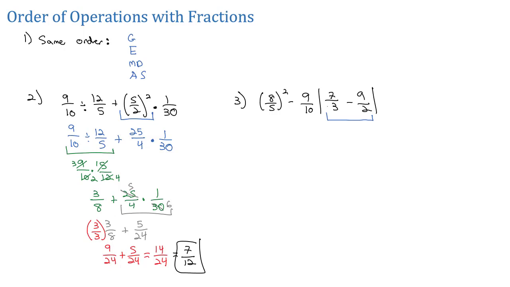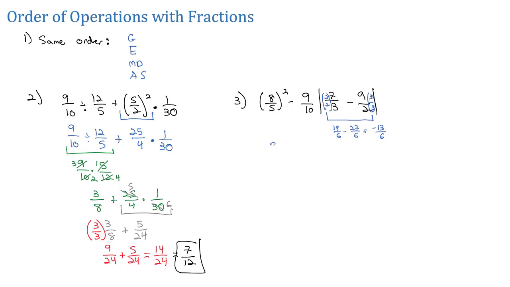We need a common denominator. We can get that by multiplying the first fraction by 2/2 and the second fraction by 3/3. And that's going to give us 14/6 minus 27/6. And when we subtract those, that's going to give us negative 13/6.